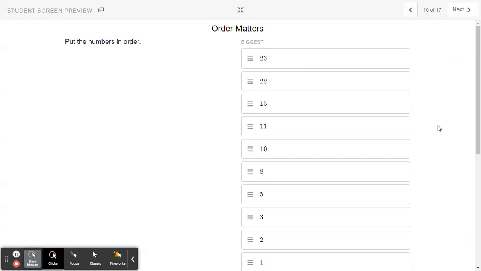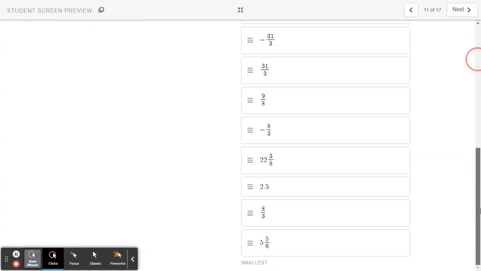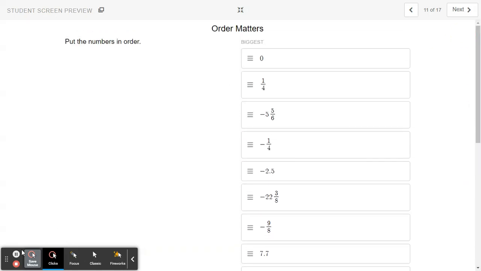Okay. All right. And now here's where we get into fractions. And this is where people can start to get really confused. For fractions, there's a couple of ways to do this.